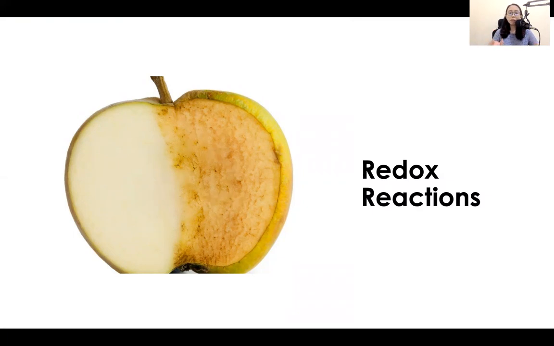This happens because of oxidation. The molecules found in the flesh of your apple undergo oxidation. Why? It's because of the oxygen in air. So yes, the word oxidation, that process, has something to do with your oxygen molecule.